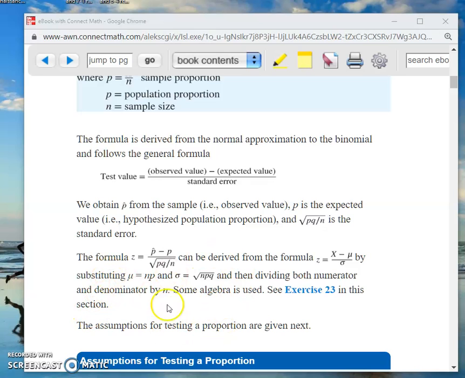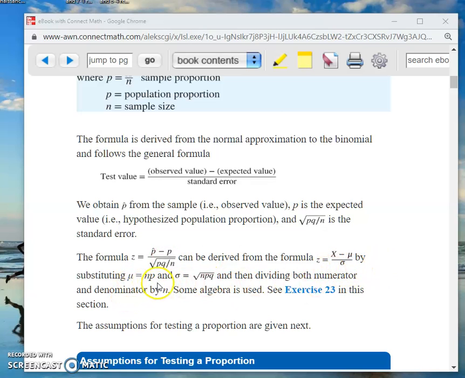Okay, and he mentions right here about how you get this formula. It comes from this formula. This is the standard formula we use for the standard normal variable. And this is obtained from that just by substituting n.